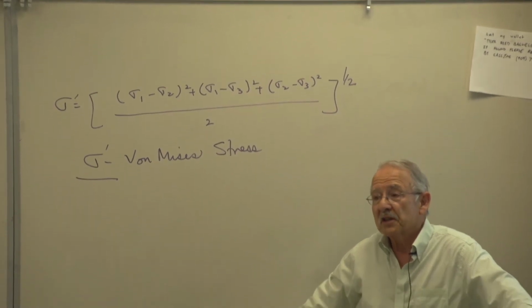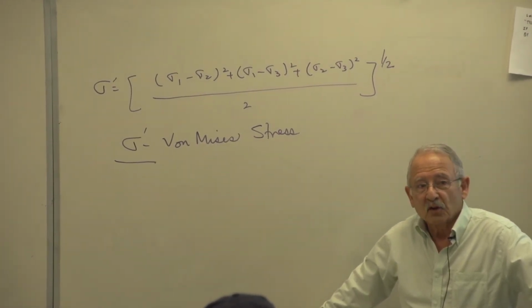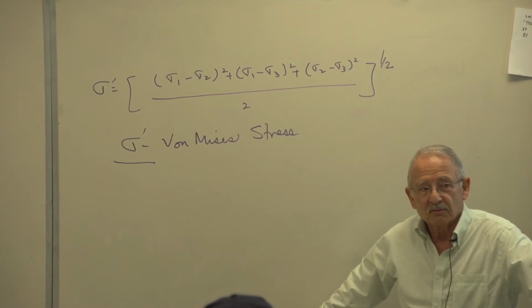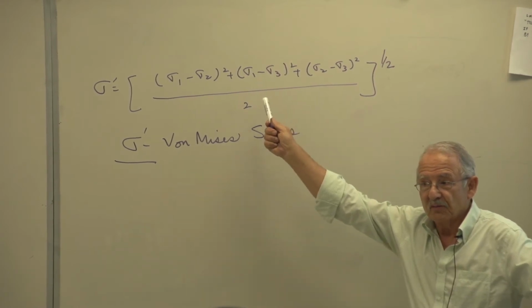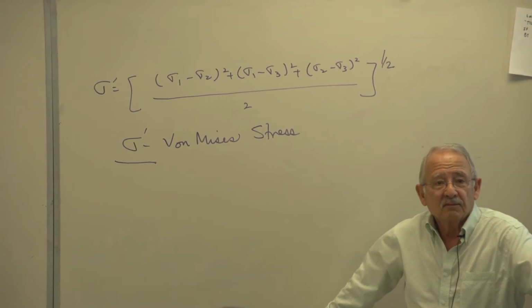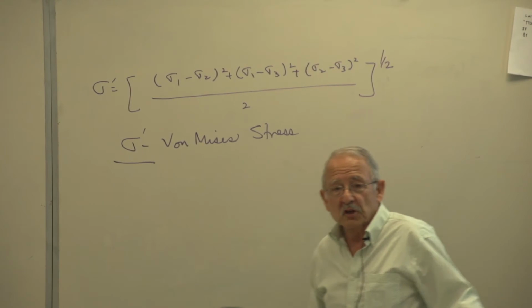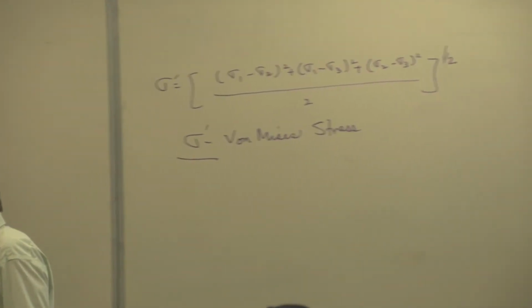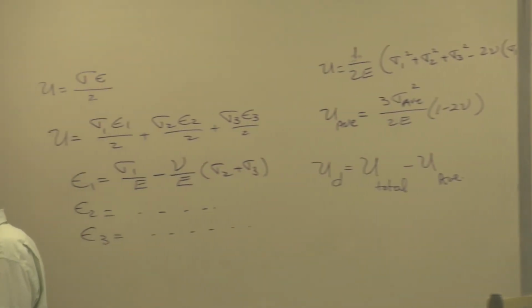And also notice that if all 3 stresses are equal, there will be no distortion. U distortion will be 0. Sigma prime will be 0, which says that this will never yield, because sigma prime will never reach Sy if it's 0. And it's always 0 if the 3 principal stresses are equal.